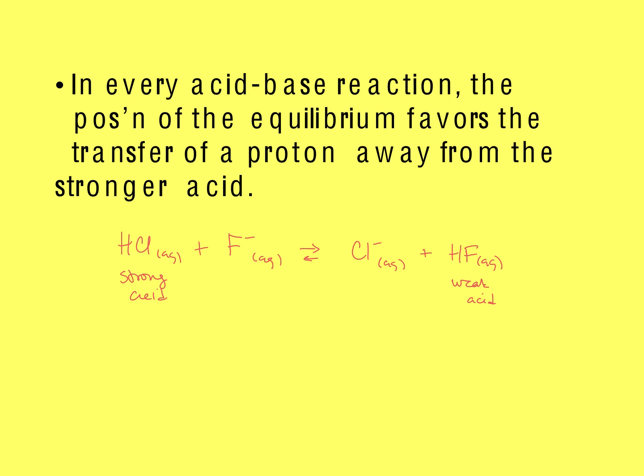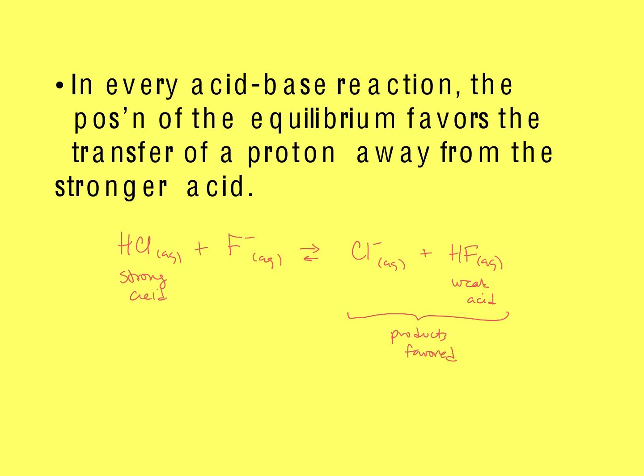So since HCl is a stronger acid, that means ionization is favored, which means that the Cl minus ion is going to be more predominant over the F negative ion. So in this case, the equilibrium is going to favor the products. So products favored.